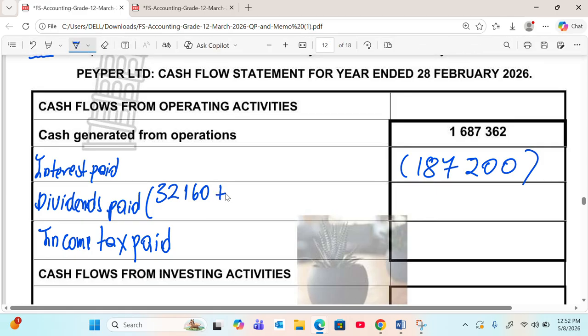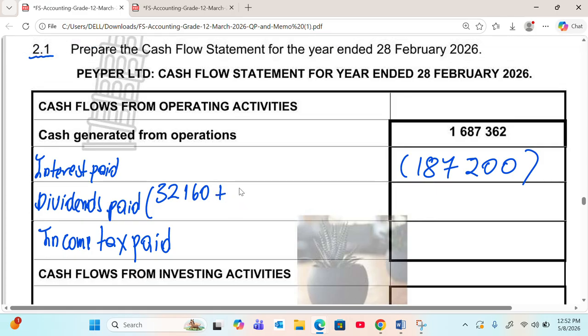You go and add 0.72 cents times the 240,000 shares. Then you can press your calculator. You will have your dividends paid for the current financial year.